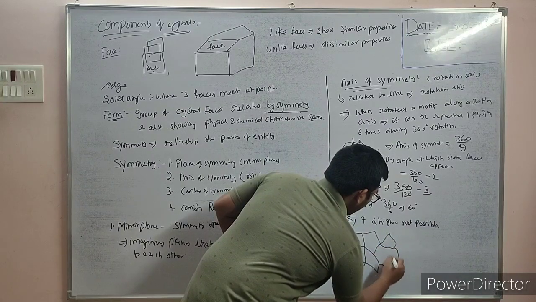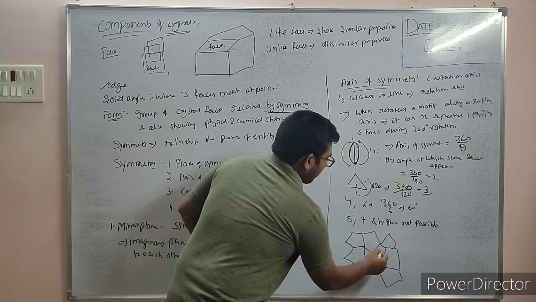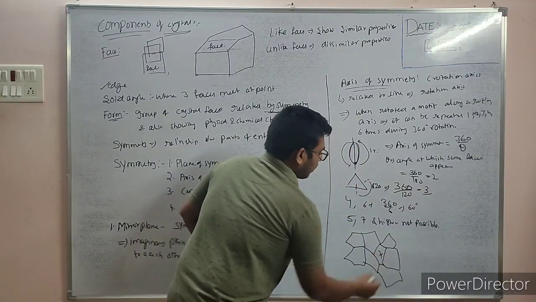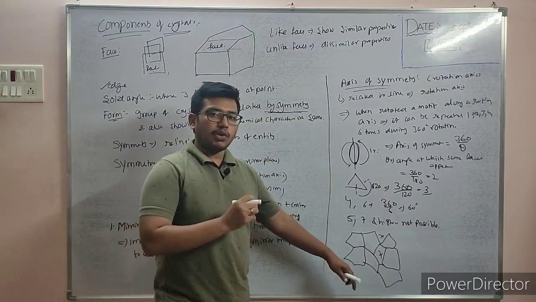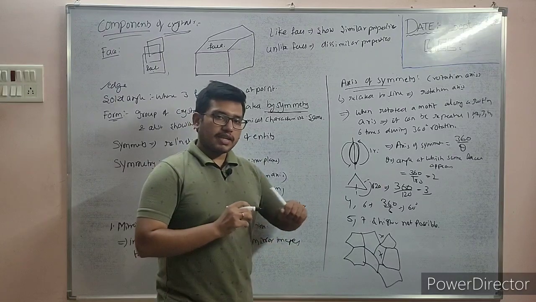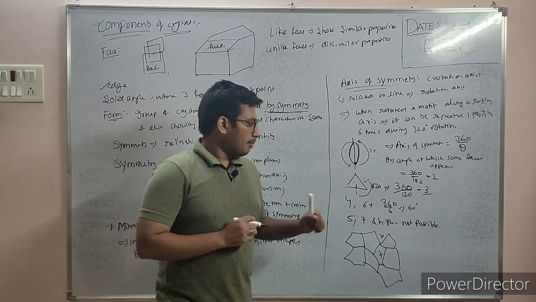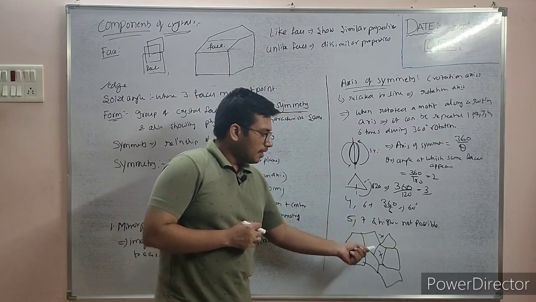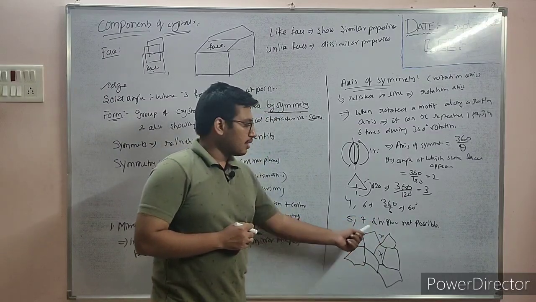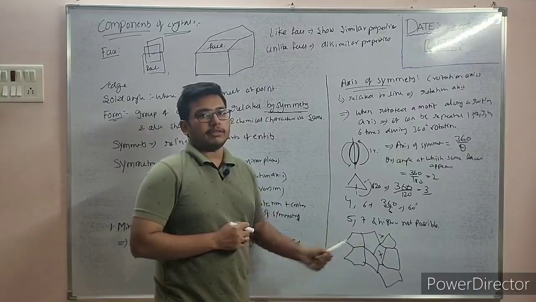I am not exactly drawing a pentagonal shape, but it produces gaps like this. These gaps do not tend to occur in a crystal. Crystals will not produce such gaps, but when you do 5-fold and 7-fold and higher fold symmetries, these gaps appear. That's why these types of combinations are not possible.